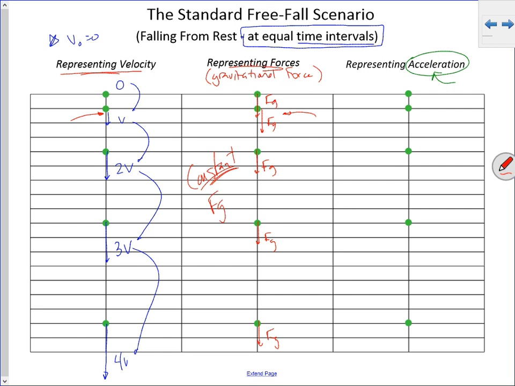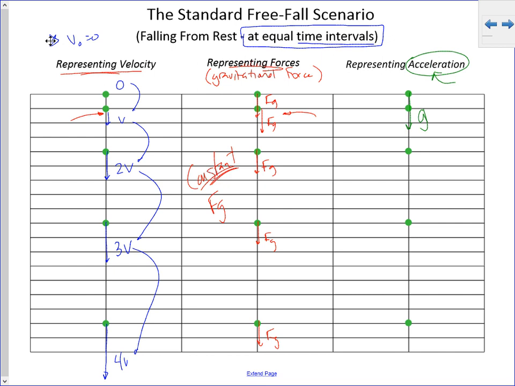It doesn't change at all. And remember, that constant gravitational force gives us a constant gravitational acceleration. So here I made this vector that long, which is like 2.5 blocks, and that's totally arbitrary.